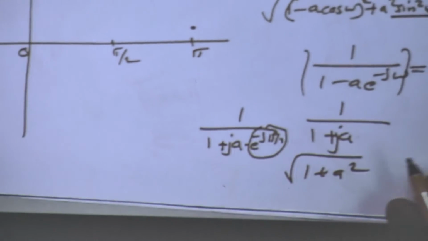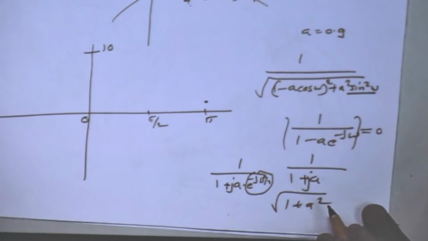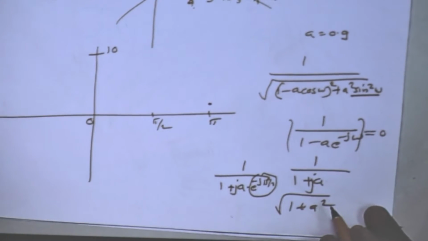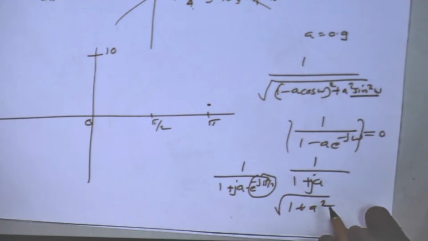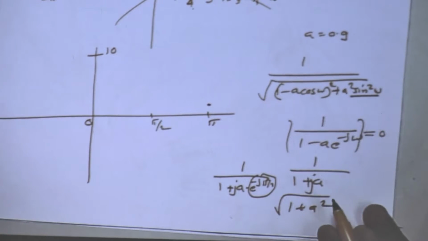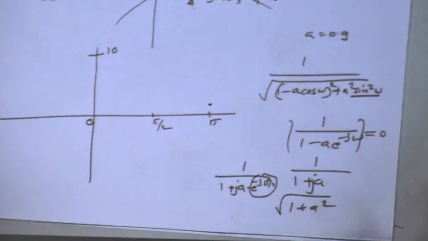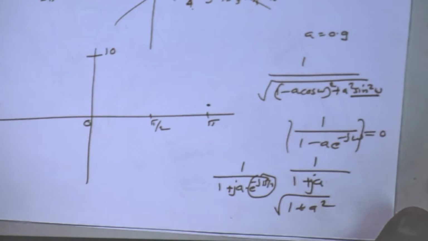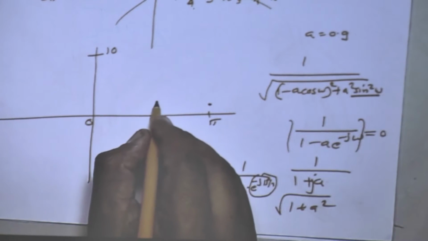A square is 0.81. 1 by square root of 1.81. 1.96 has a square root of 1.4. 1.69, the square root is 1.3. So, it will be somewhere around 1.3 to 1.4. 1 by 1.4, how much? 0.7. So, it is growing.